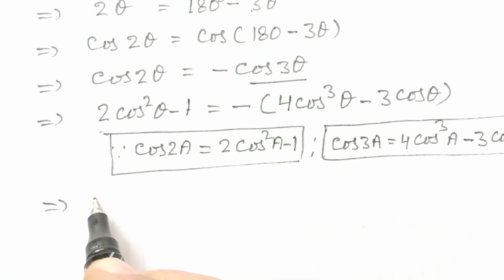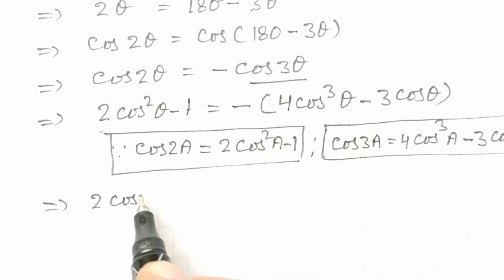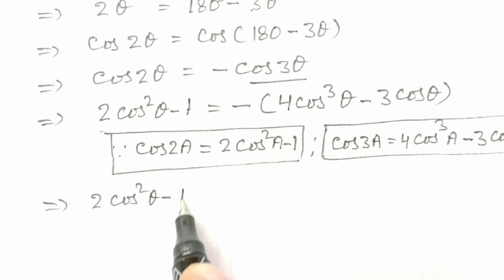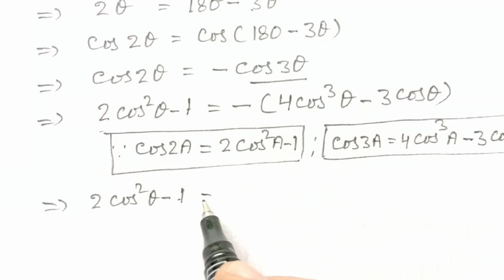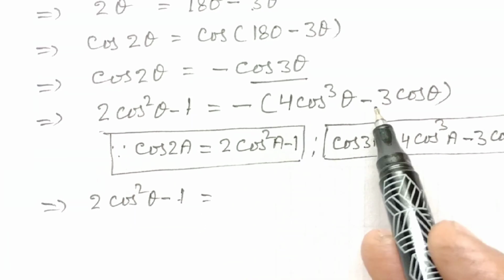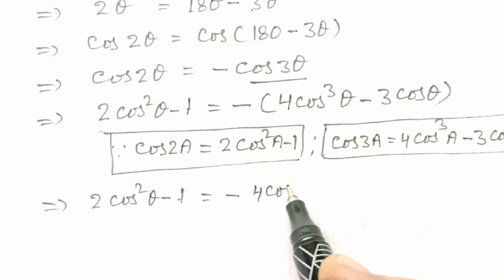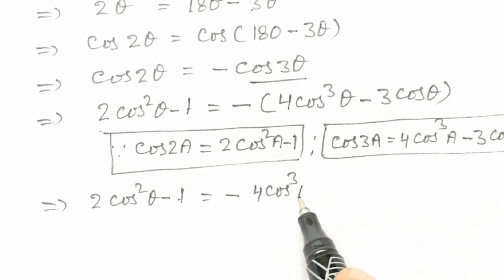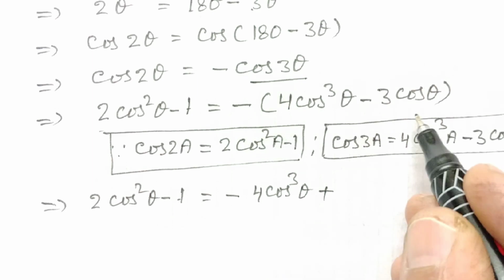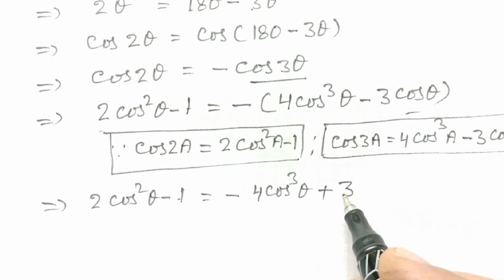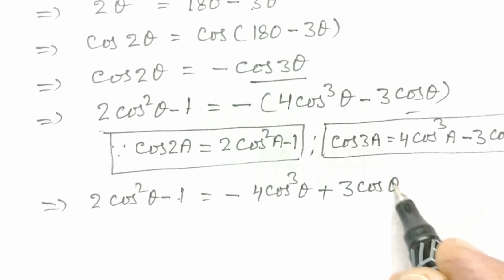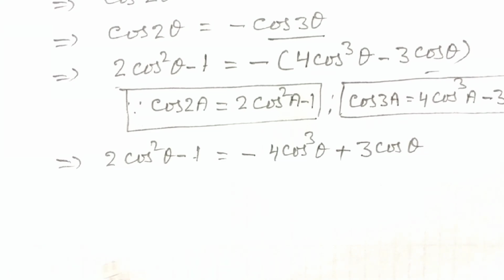Now 2 cos square theta minus 1 is equal to, if we open the bracket, minus 4 cos cube theta plus 3 cos theta. Right?